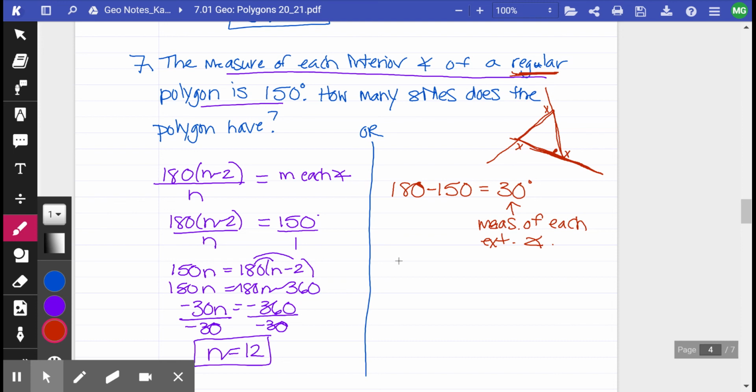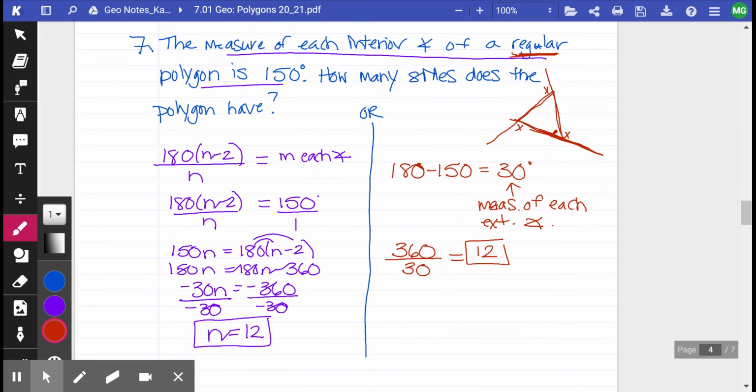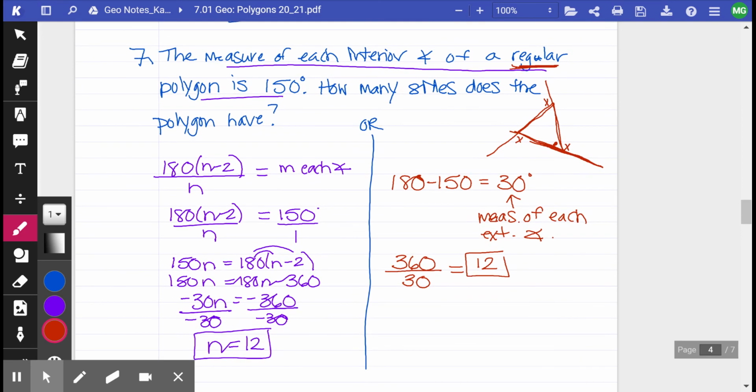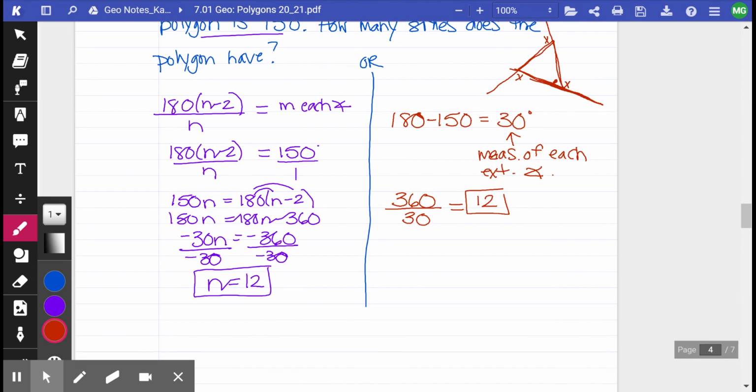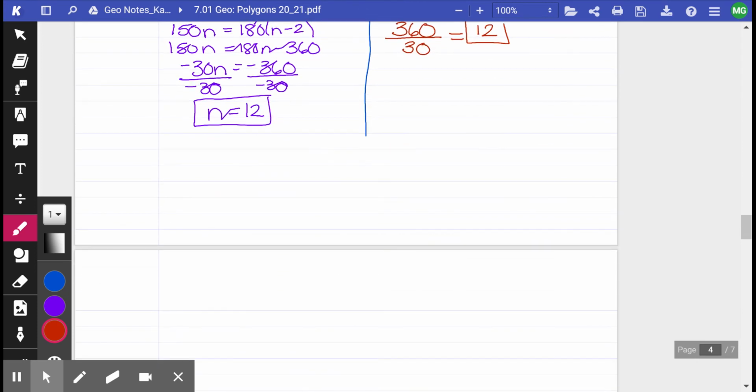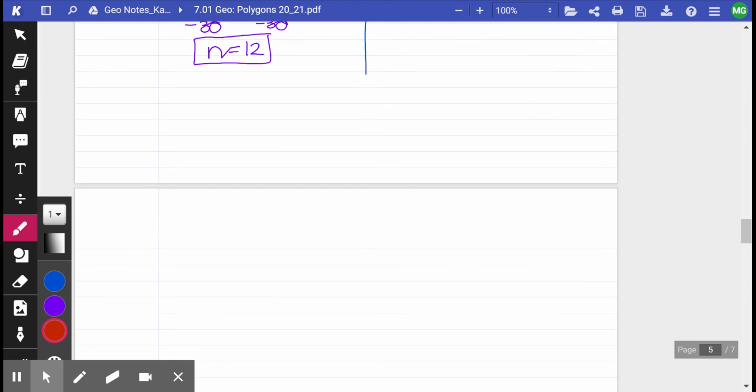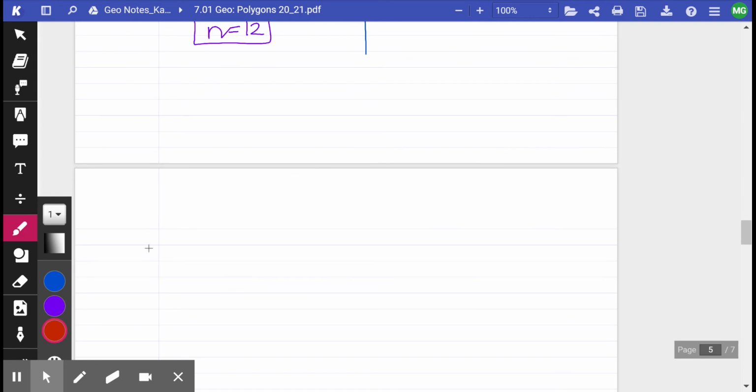So now if I know that the sum of the exterior angles is always 360 degrees, and each of those angles is going to be 30 degrees, I can take 360 divided by 30, and that would give me 12 sides. So a little bit shorter, but a little bit more understanding and having to apply the exterior angle formula. But either one of those would be acceptable.